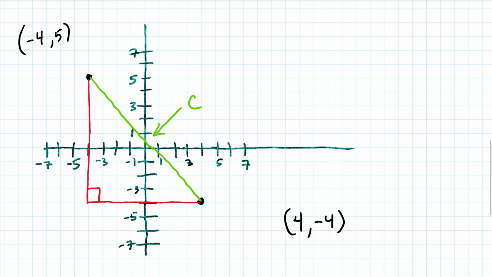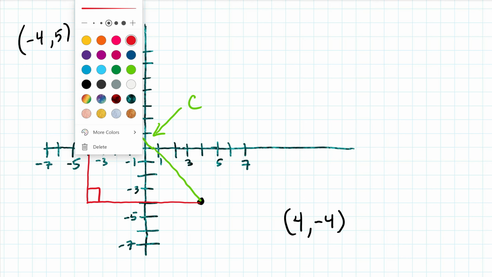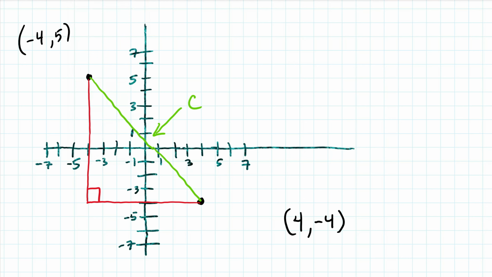The 2 legs are our A and our B. So I'll label that A and then B.